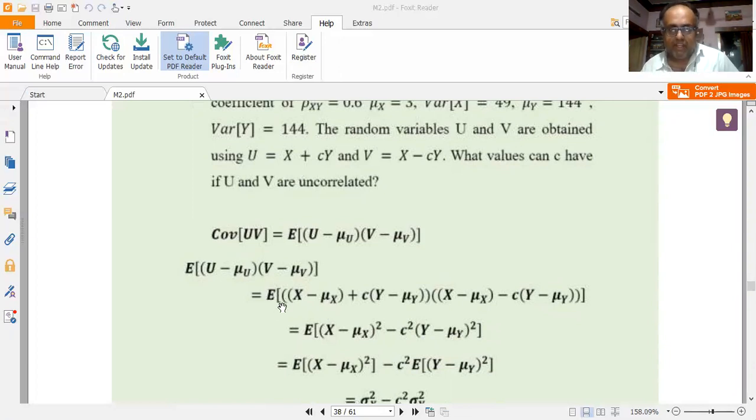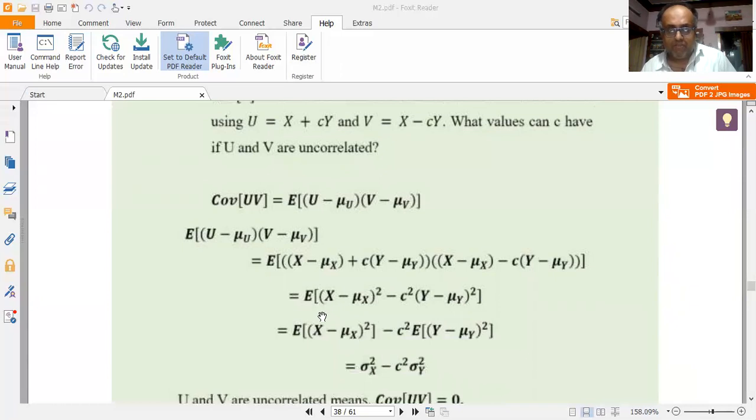So I get the expected value of (X minus mu X plus c into (Y minus mu Y)) into (X minus mu X minus c into (Y minus mu Y)). Or simplifying and multiplying, I get the expected value of (X minus mu X) the whole square minus c squared into (Y minus mu Y) the whole square.